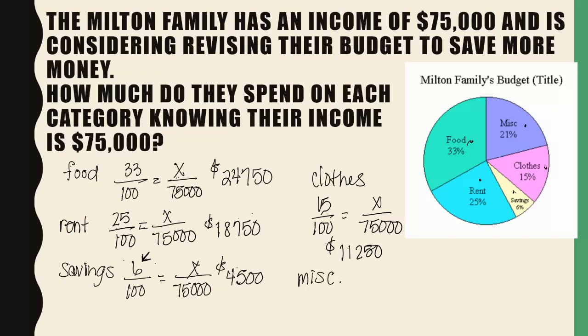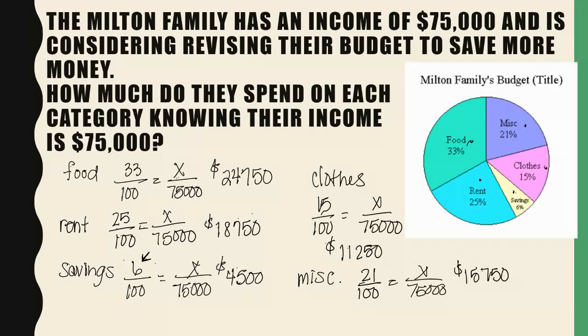Again, we're not necessarily sure what that is. Doesn't really matter. I'm going to take 21% this time, and I'm going to solve again, doing the same process each time. So I'm multiplying 75,000 times 21, dividing by 100, and I get $15,750 that this family is spending on miscellaneous whatever expenses.